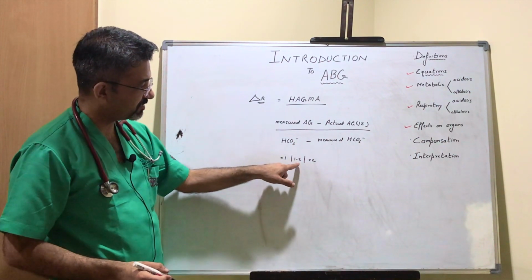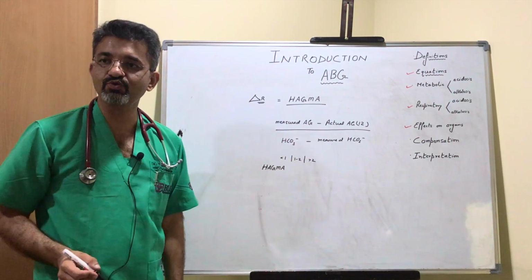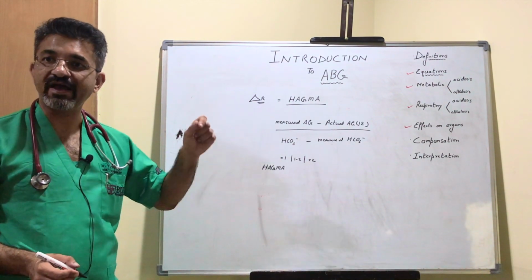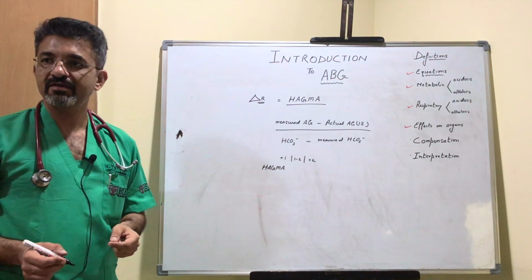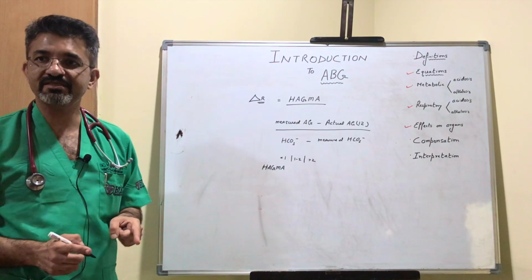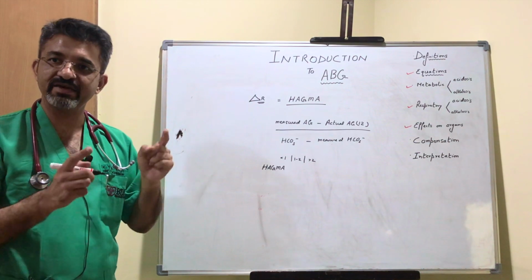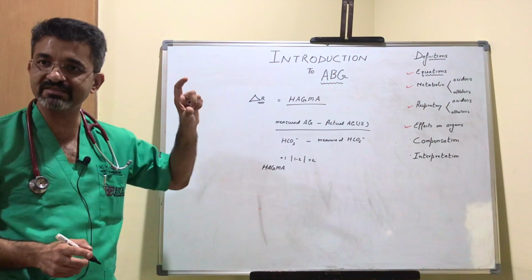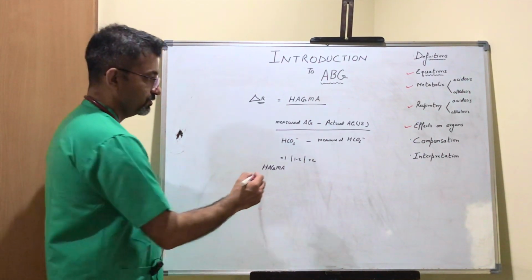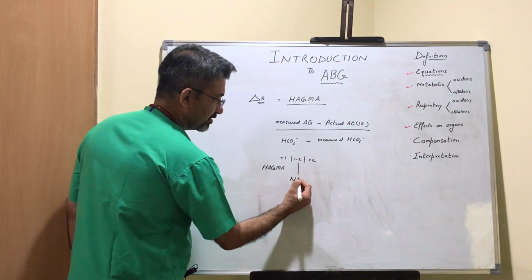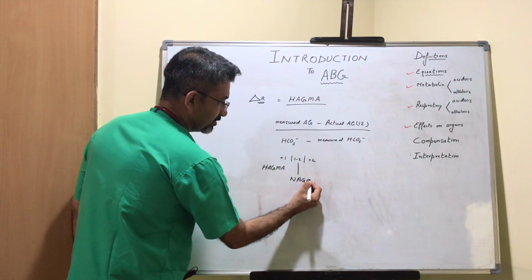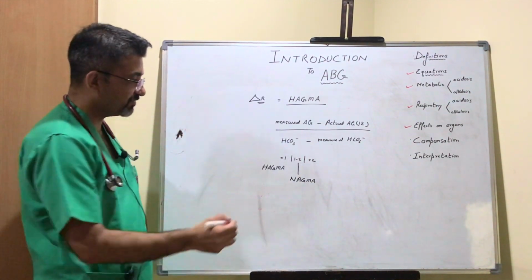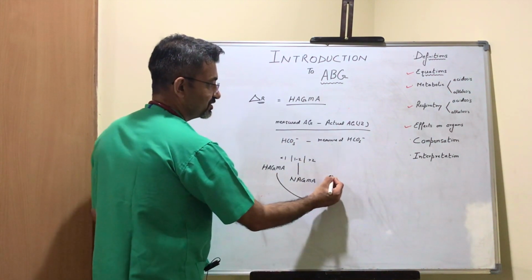If it is between 1 and 2, say 1.6, that means I have HAGMA as well as NAGMA. I have two pathologies going on simultaneously: high anion gap metabolic acidosis as well as normal anion gap metabolic acidosis in the same patient. So here you add NAGMA to HAGMA. If it is more than 2, it means that with HAGMA you have metabolic alkalosis also.